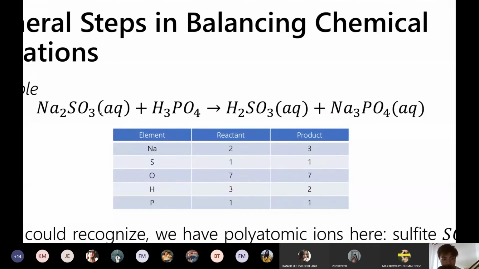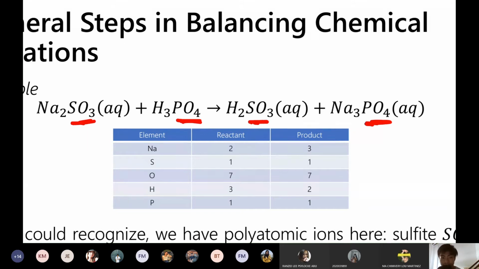So tignan natin. Kung mapapansin nyo, may SO3 sa reactant, may SO3 din sa product. So ibig sabihin nun, polyatomic ion yung SO3, di ba? Sulfite yon. Ano pa yung similar sa reactant and product? Ayan, PO4.